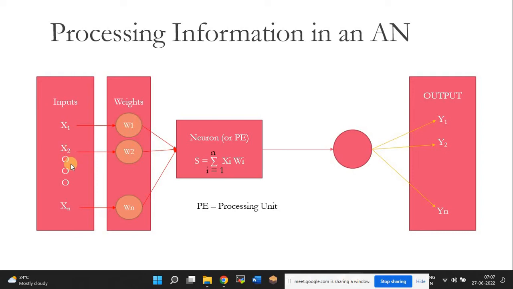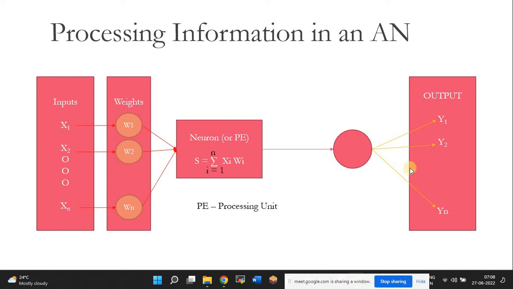The inputs x1 to xn, and each of them has weights. They go through a processing entity, the processing unit called sigma, that means the sigma of i to n, xi wi, and they go through a neuron.